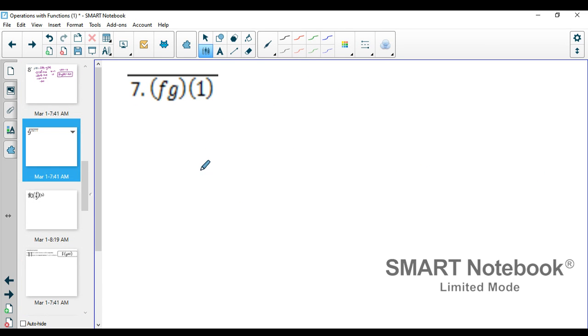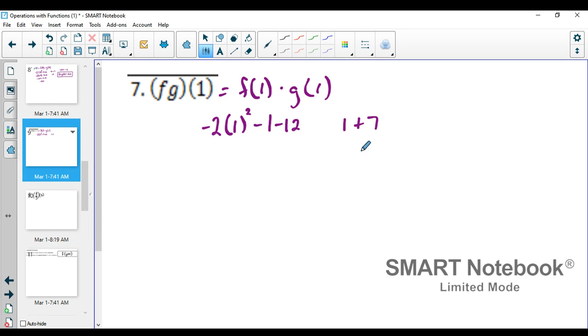So f times g of 1. So f of 1 times g of 1. So -2 times 1 squared minus 1 minus 12. And then 1 plus 7. We'll just stick with this. That one's easy. That's 8.